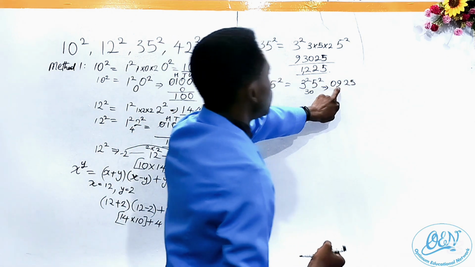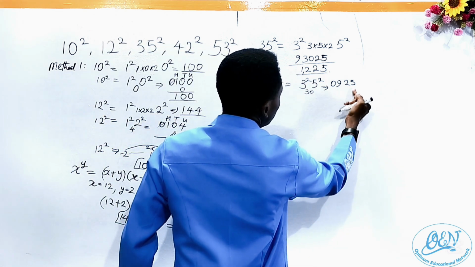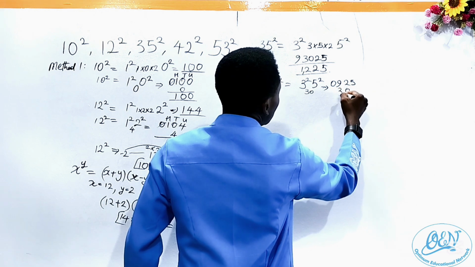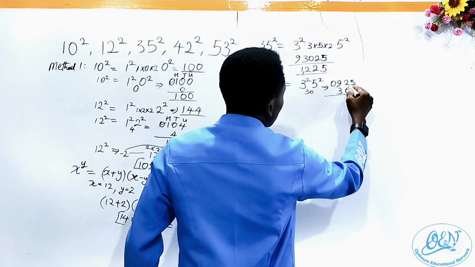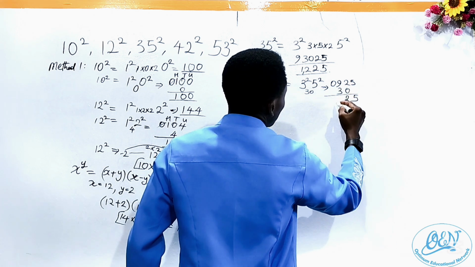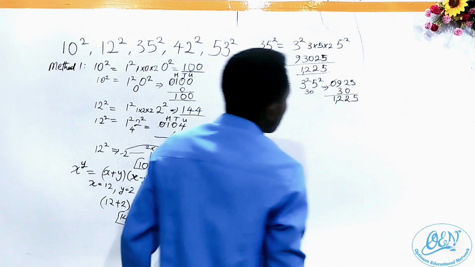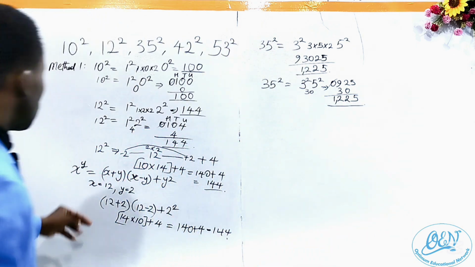Remember that this is a single digit, so we're going to have 0 in front of it. Then 30, you're going to leave the unit column free, and then you add 30. So we have 5 here. You have 2. 9 plus 2. 9 plus 3 is 12. Then of course this is a floating 0. So this is this.